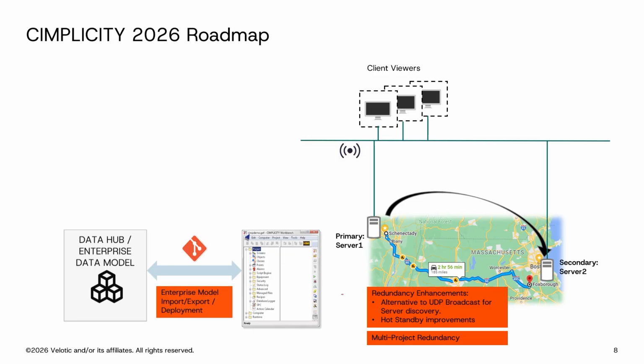What we will be doing for Simplicity to support this is that you will have the ability to export your Simplicity model in a given Simplicity project up to live inside of this Data Hub enterprise model, as well as be able to turn around and push any configured data model setups in the enterprise model down to specific Simplicity servers. And this import-export format will be the enabler for that.